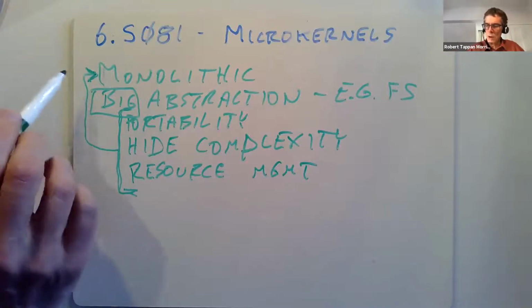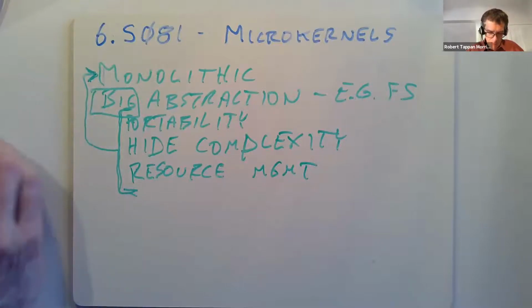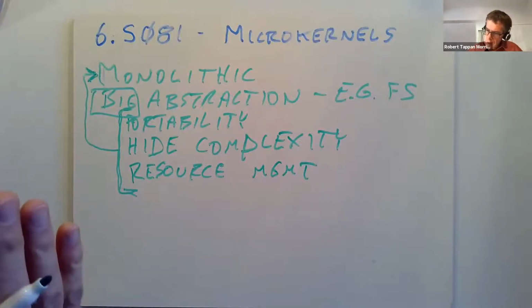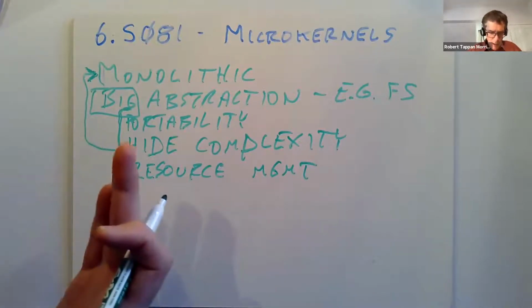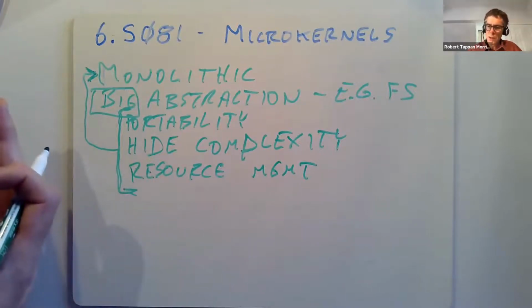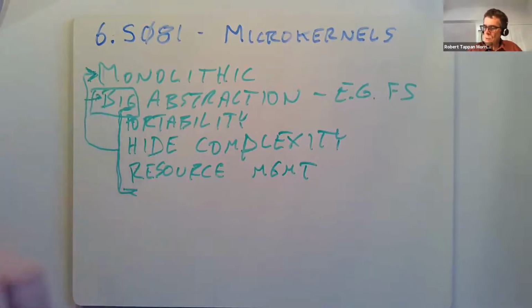All the kernel code runs with maximum privilege, and the same is true of operating systems like Linux. So this design strategy is very convenient for kernel developers, and it's made it easy to build these big abstractions which are convenient for application developers.